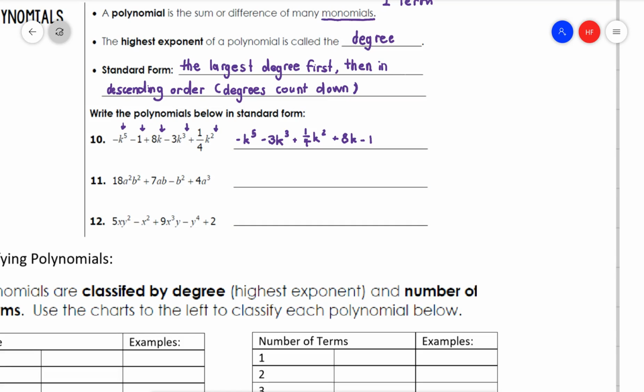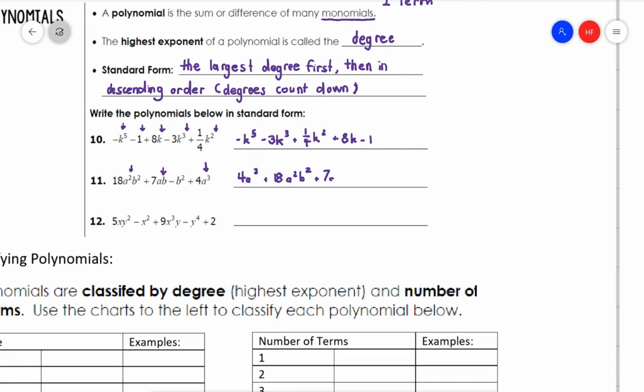Then on number 11, we'll do the same thing, but now we've got more than one variable, so we do have to be careful. The cube is my largest, so 4a cubed goes first. Then we typically put them together, so a and b together. This squared is larger than just ab, so positive 18a squared b squared.